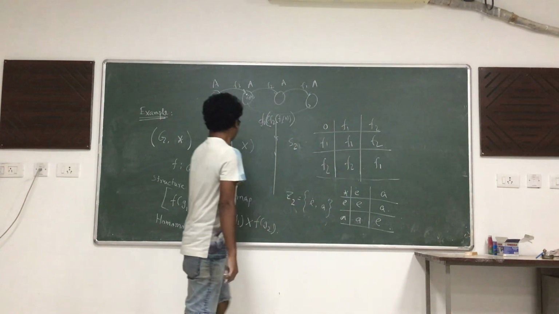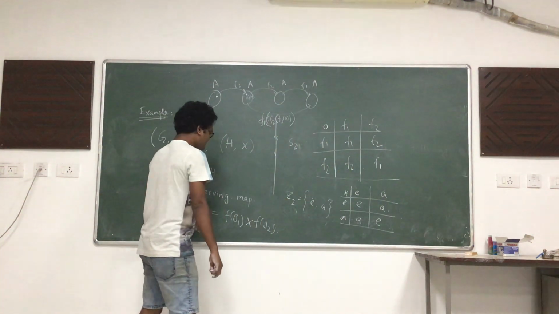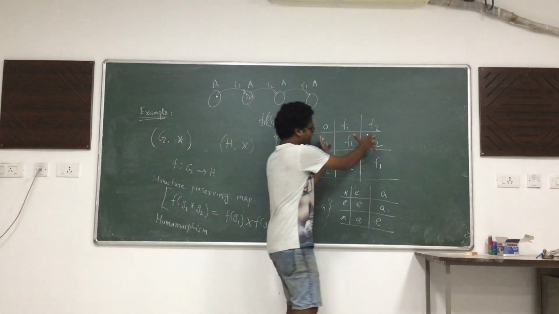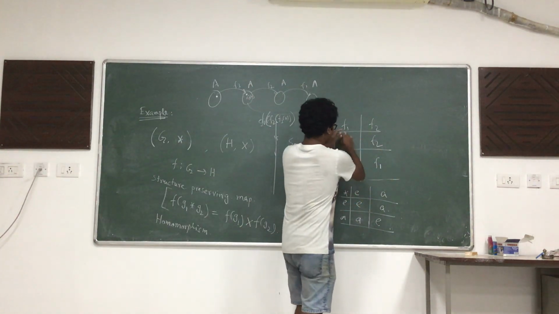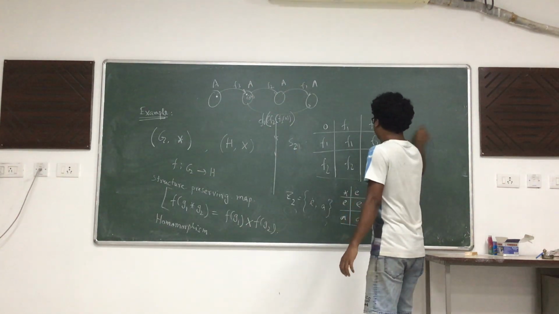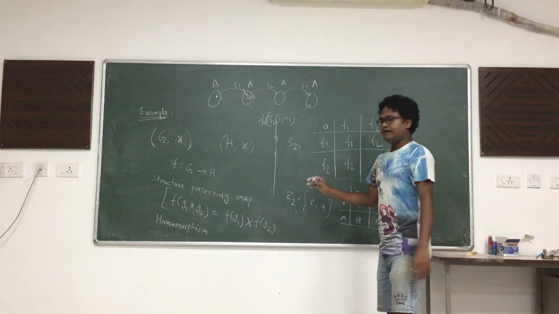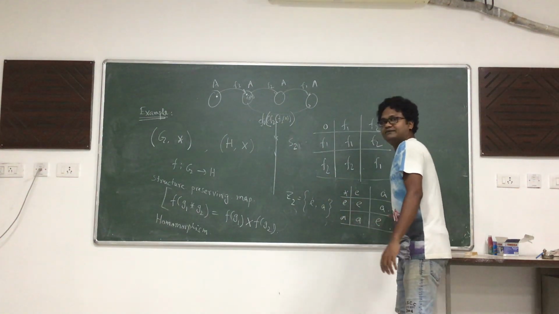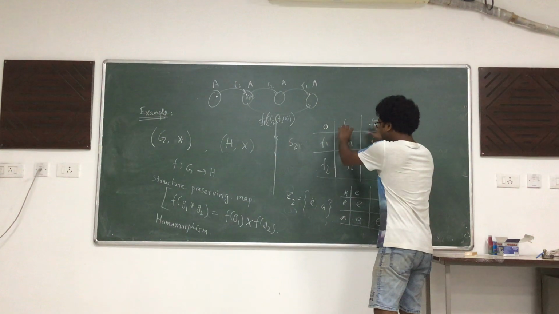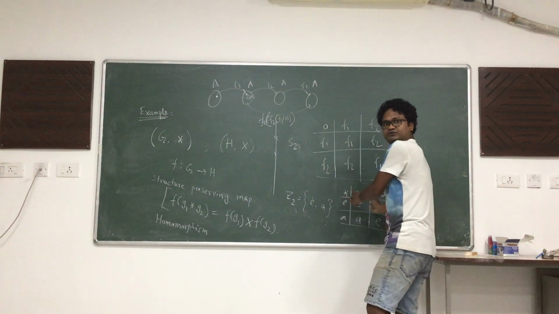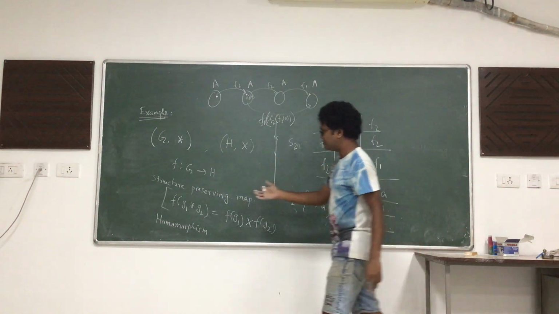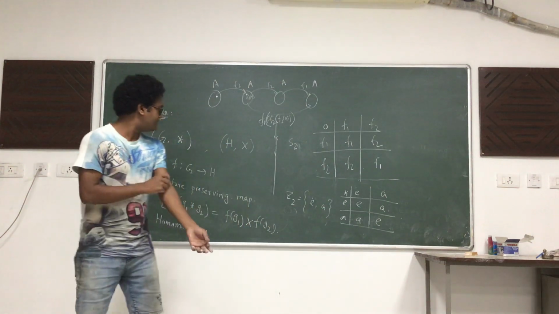It may be structure preserving, but the structure may shrink. That means we can have a bigger table mapped to a smaller table, with the structure shrunk to a different structure, which we will come to the next day.